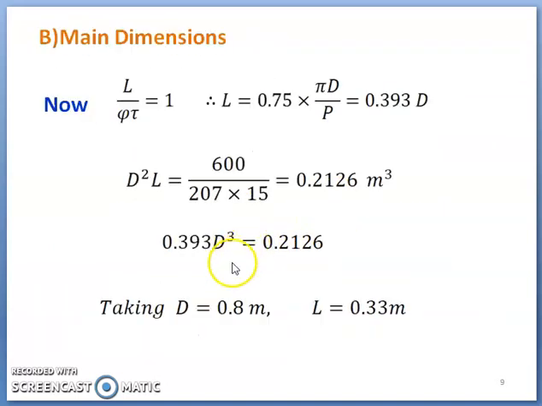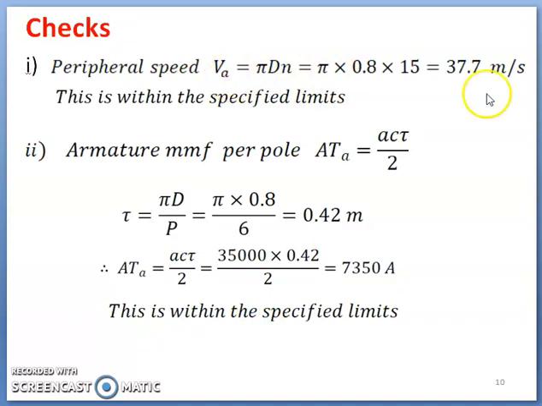With this diameter d of 0.8 meter, value of Va is less than 40 meter per second. Hence main dimension d of 0.8 meter is suitable for this particular design. Peripheral speed Va is one of the checking parameters. As Va is less than 40 meter per second, D can be taken as 0.8 meter.